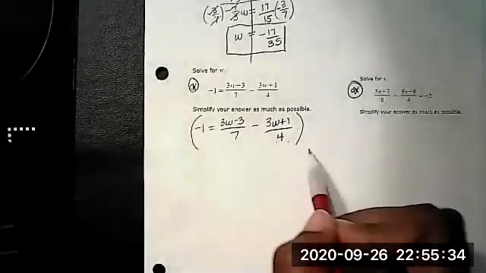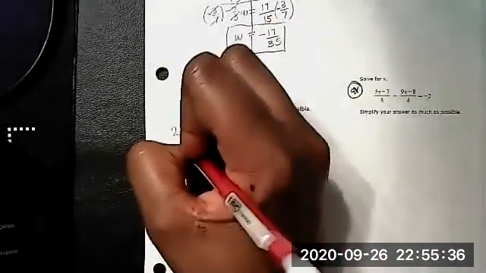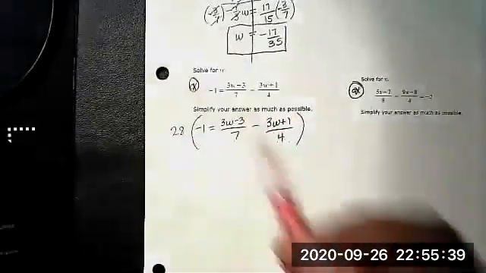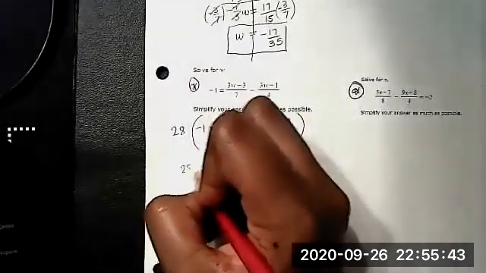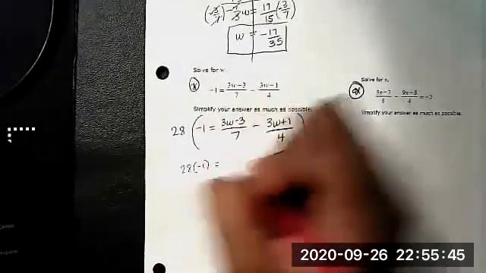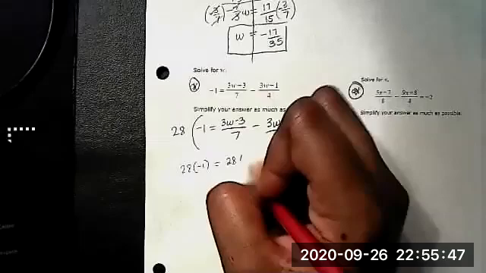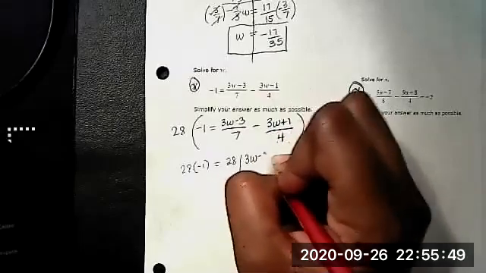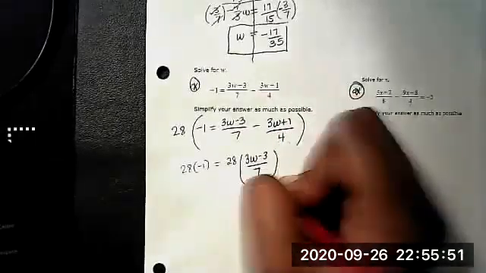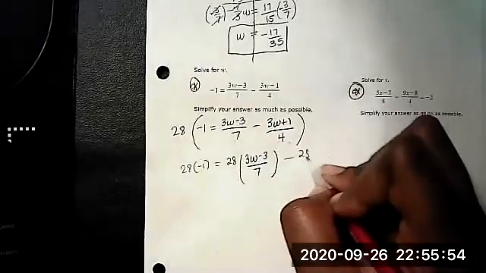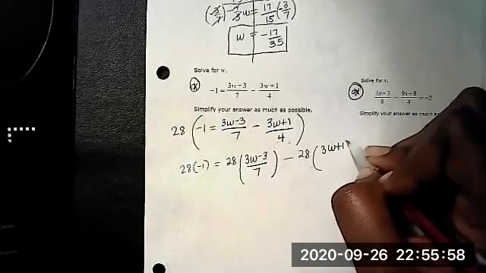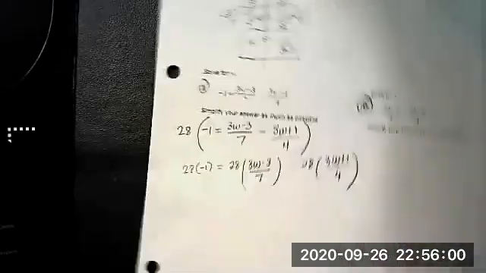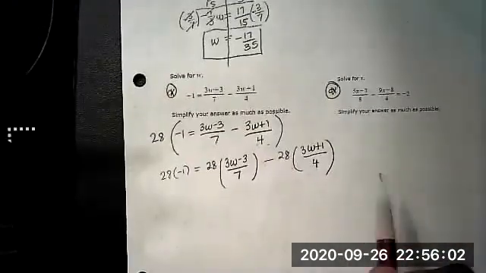So when you do that, I'm going to multiply every single term by 28. So 28 times -1, 28 times this entire fraction, 28 times this entire fraction, kind of like what we did before.